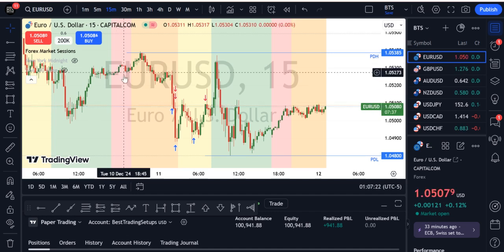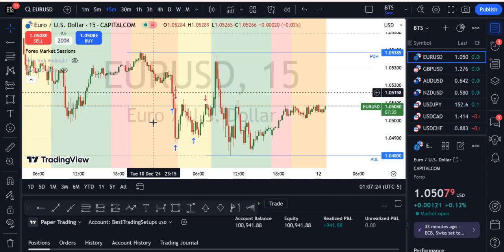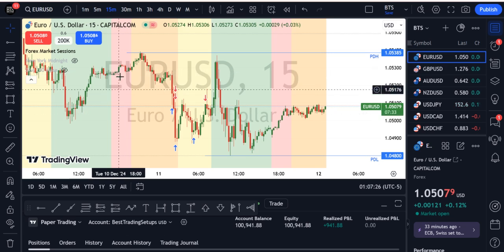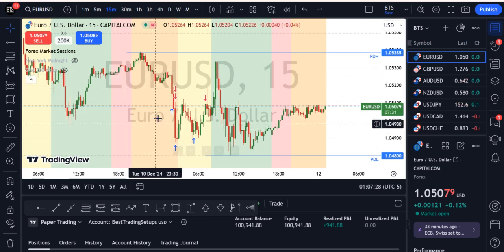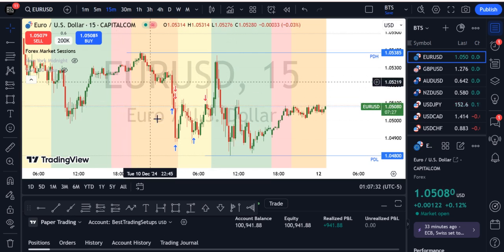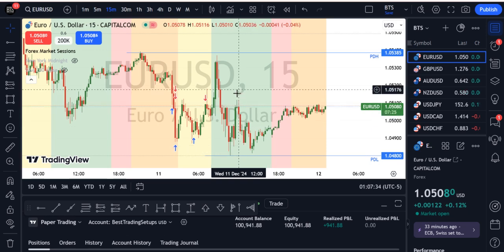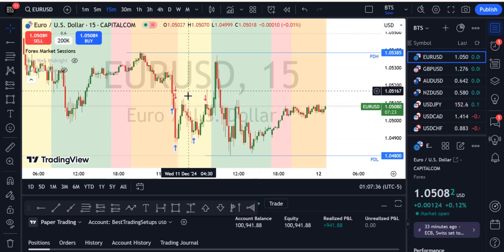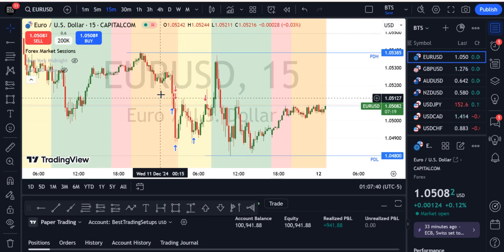As you can see here, this is Sydney, Tokyo, London, New York. New York is green, London is yellow, Tokyo is orange, Sydney is pink.